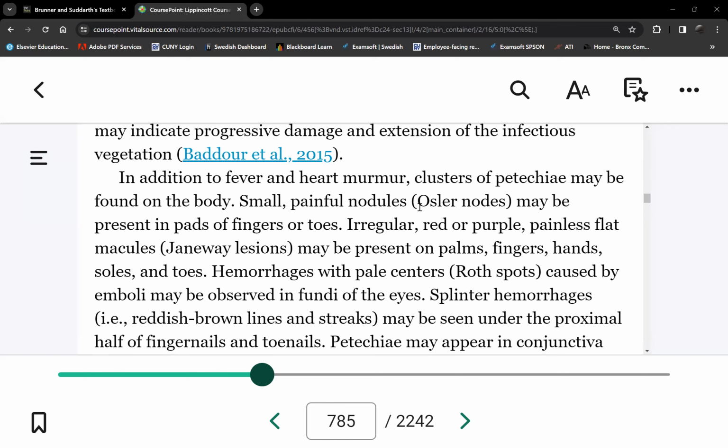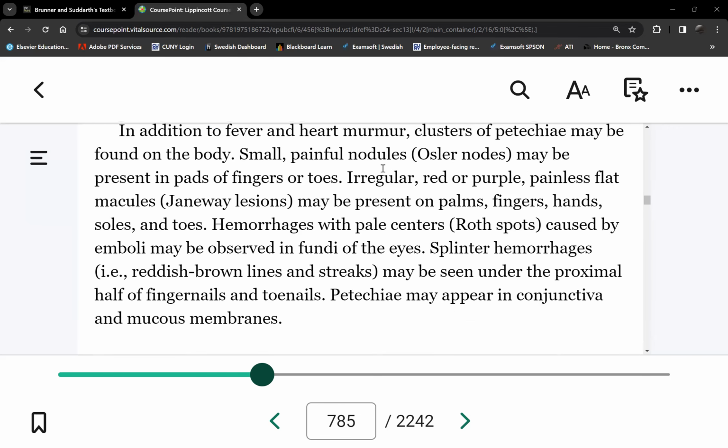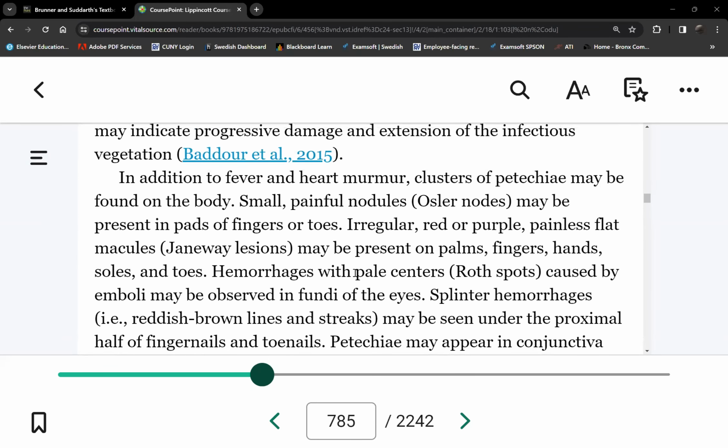The Osler's nodes are painful. Okay, so these three are not found in any other condition. They're only seen in people with endocarditis. Nobody else will have this. So when you see these, what's the only conclusion? This is endocarditis.